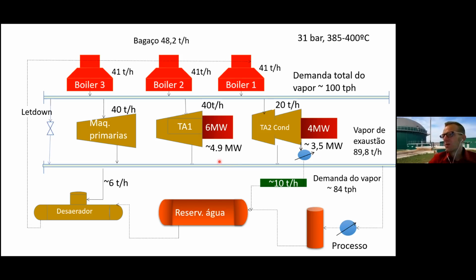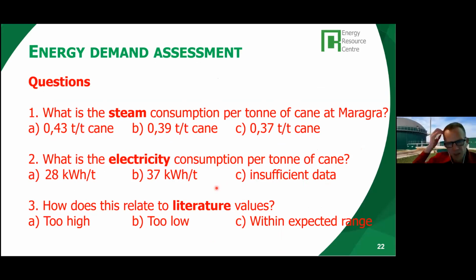So it gives us 8.4 megawatts, and on that basis we could conclude that we have 8.4 megawatts divided by 230 tons, that will give us 36.5, I believe it is.